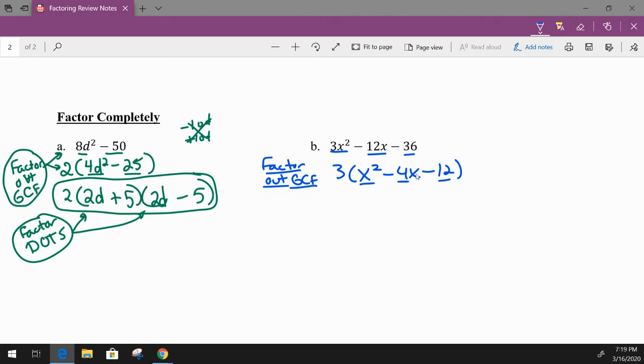All right, so now we look at the three terms that are in this parentheses. The leading coefficient is 1, so we do not have to use the AC method. We can go right to our two binomials if this is factorable. So your x squared factors into x and x.